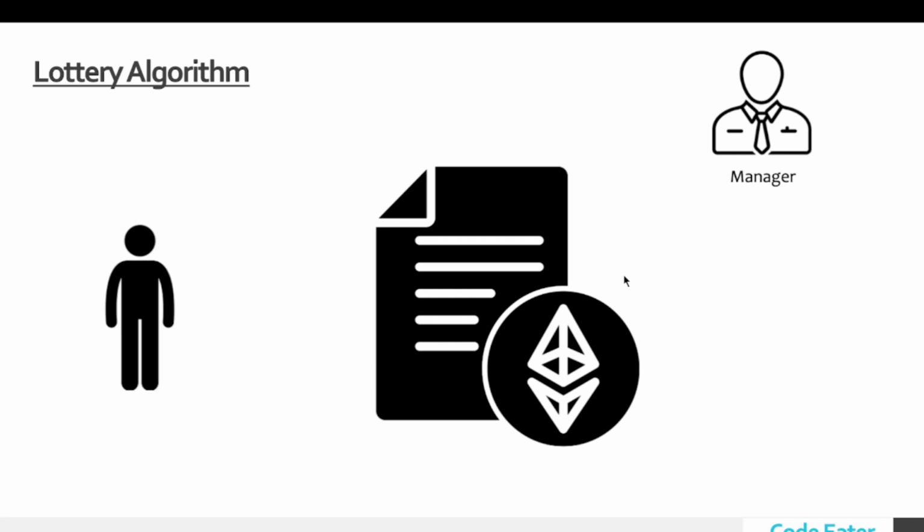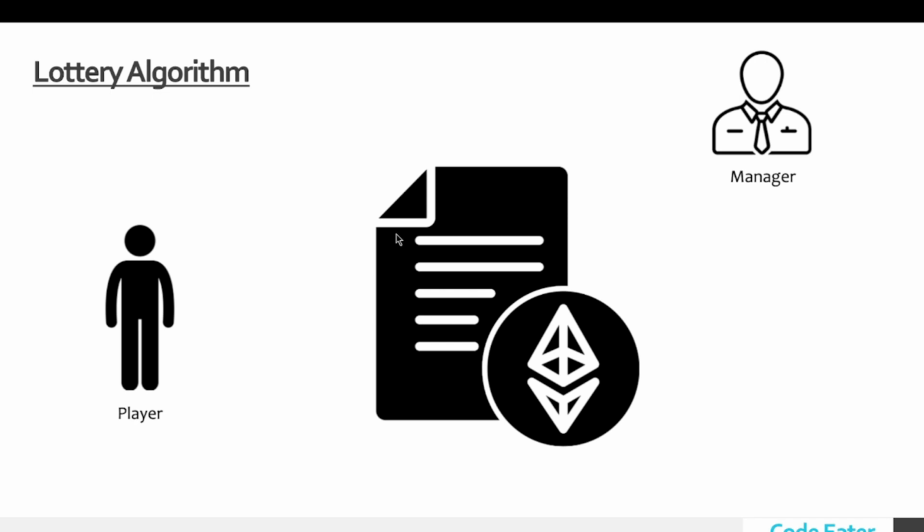Then we will have some players who will be participating in this lottery. As we know from the concept of lottery, there are various people participating, and only one of those people wins the lottery, right? So if there are 10 people, only one of them will be the winner. We are going to do the same in this lottery smart contract as well.